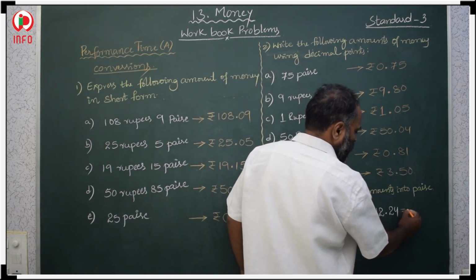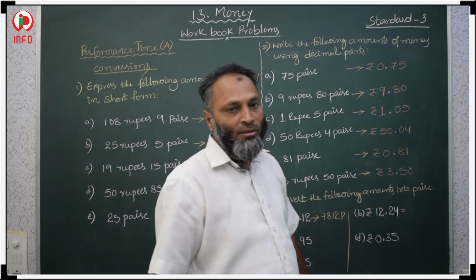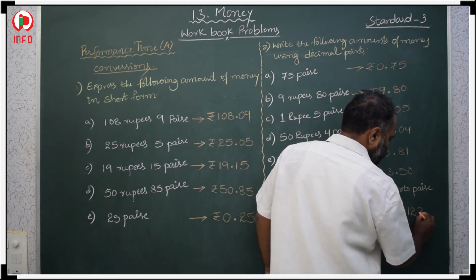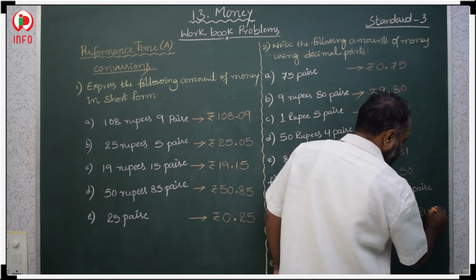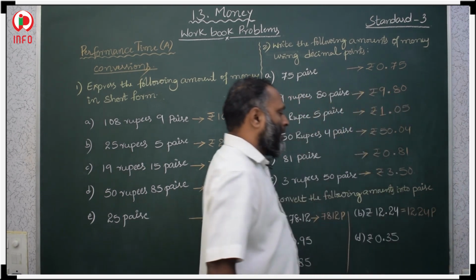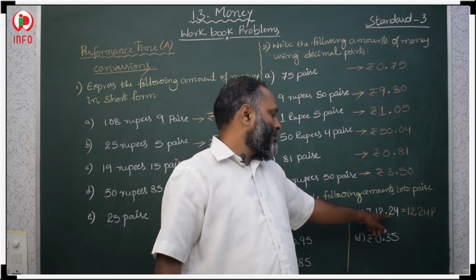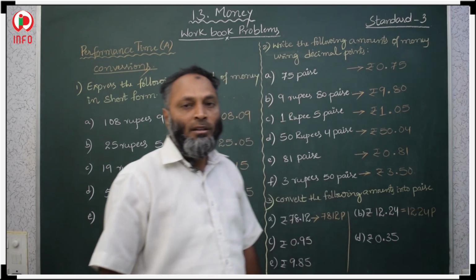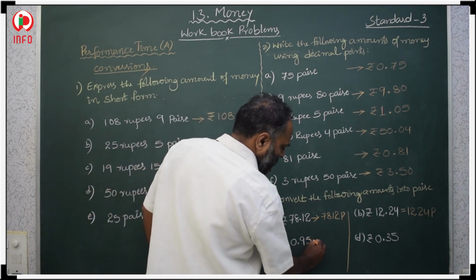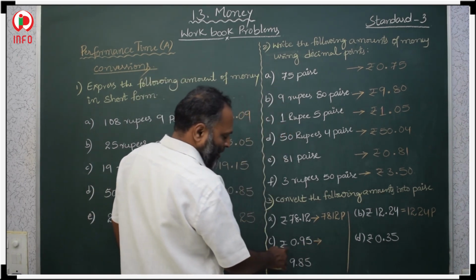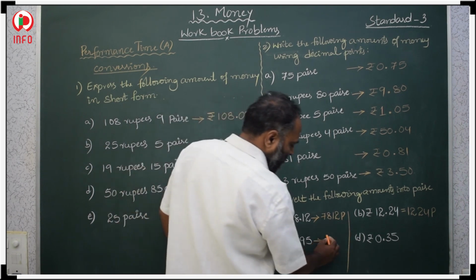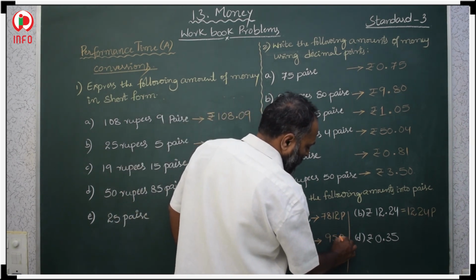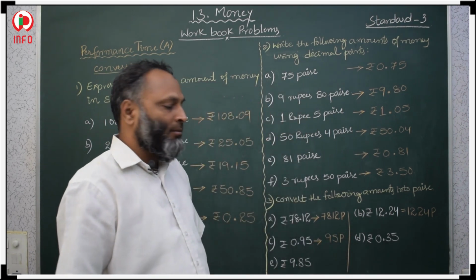Here 12 rupees 24 paisa, then 1224 paisa. Just remove this decimal and this rupees symbol, then you will get 1224 paisa. Here also, remove rupees and point. 095 means only 95, no need to write 0. 95 paisa.